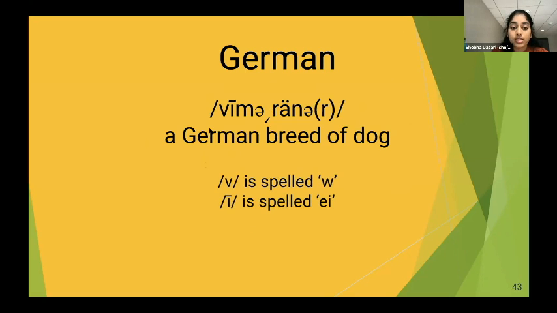Language pattern examples: the V sound is spelled with a W, so this sound at the beginning is spelled with a W. And then the I sound in German is spelled with an EI, so the Vi sound would be spelled WEI. And so then your spelling is WEIMARANER.